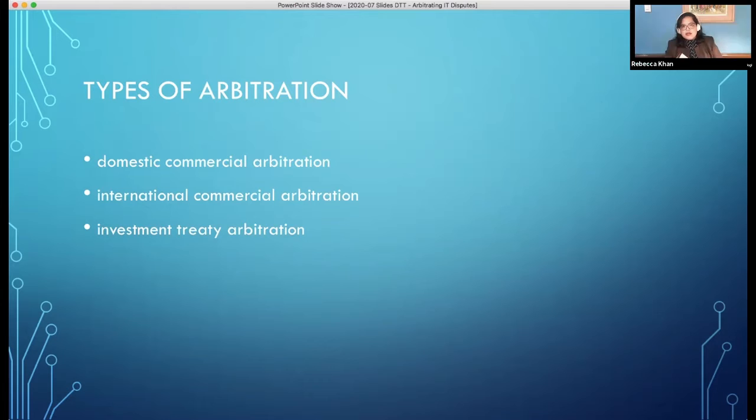The arbitration law of the Philippines, the 2004 ADR Act, incorporates by reference the UNCITRAL Model Law on International Commercial Arbitration. UNCITRAL is a UN body that comes out with model statutes, and one of the model statutes it has come out with is the UNCITRAL Model Law on International Commercial Arbitration. It's referred to in an annex of the ADR Act of 2004.